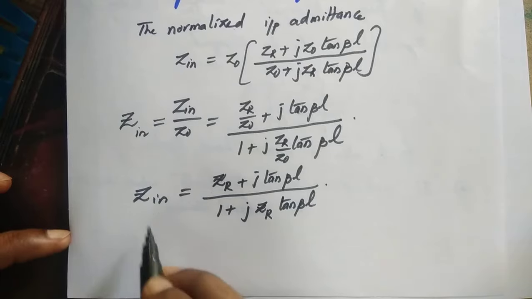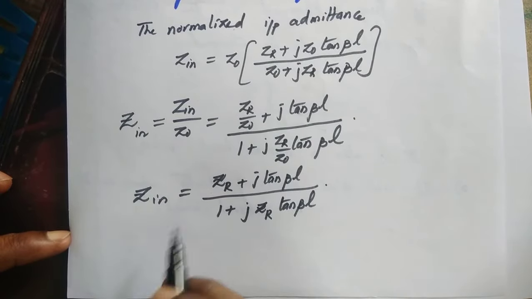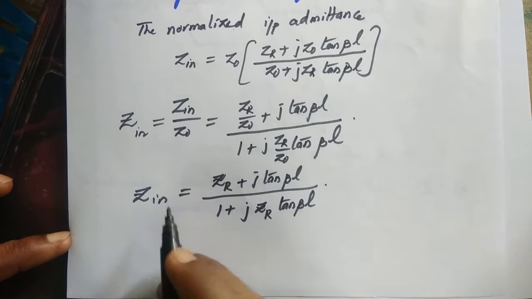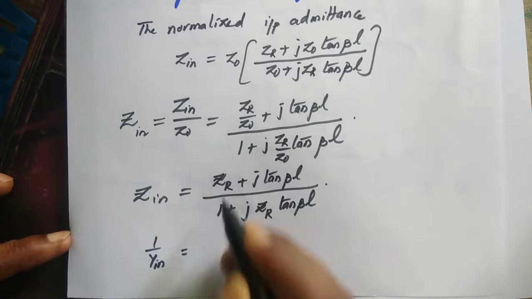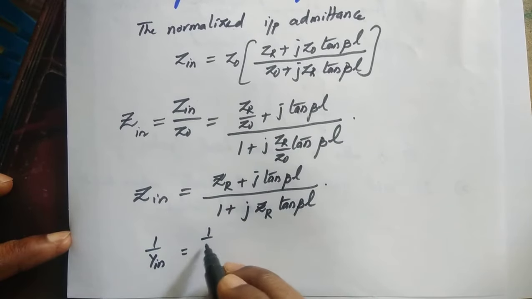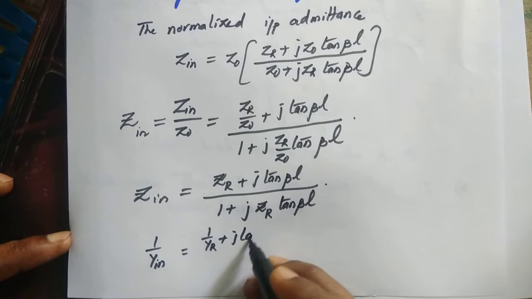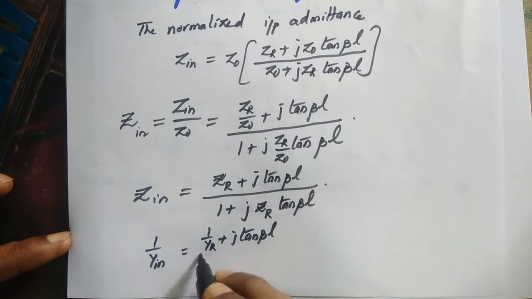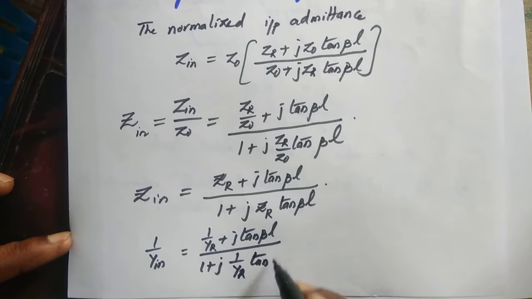If I write zin as 1 by yin, then zR can also be written as 1 by yR, so we get (1 by yR plus j tan beta L) divided by (1 plus j 1 by yR tan beta L).